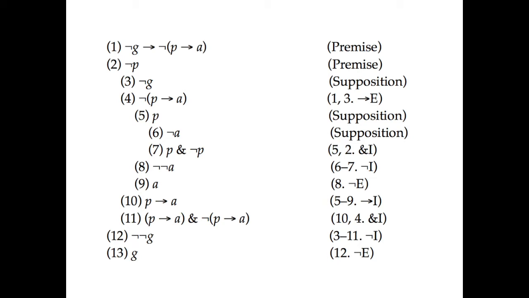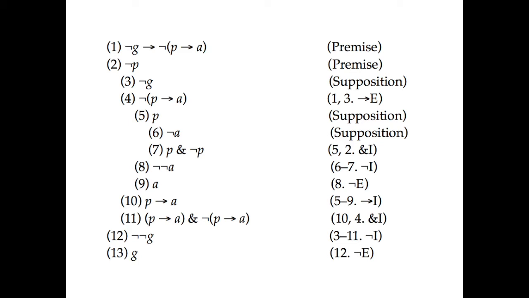Okay, and again, this is lined up with line 4, not with line 5. Why? Well, because P arrow A isn't only true if the supposition on line 5 is true, right? The supposition on line 5 allowed me to prove the statement on line 9.